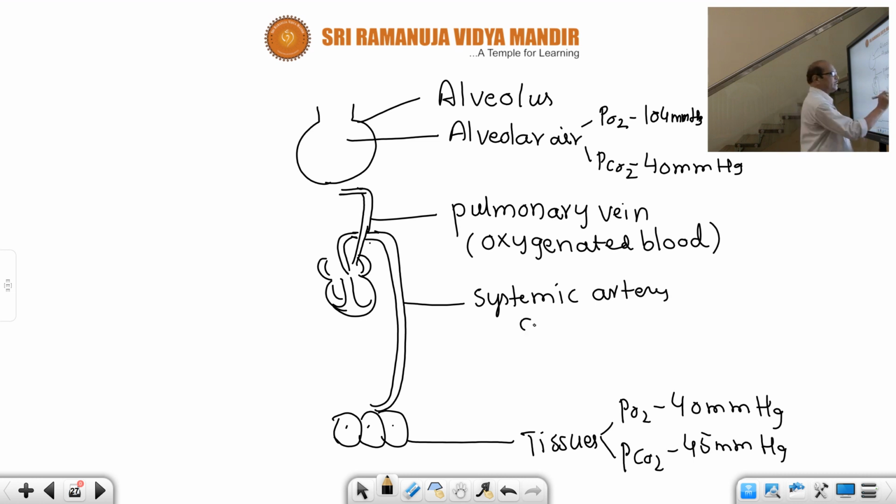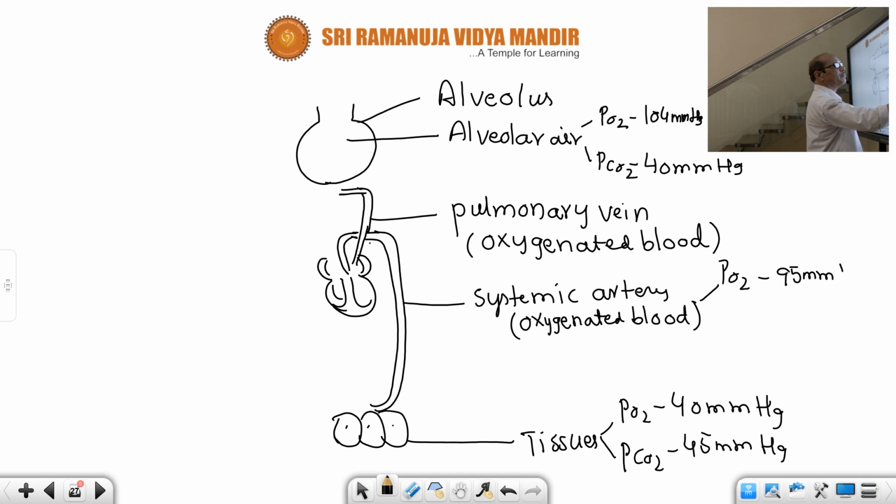This also contains oxygenated blood. Oxygenated blood PO2 95 mm mercury, PCO2 40 mm mercury.